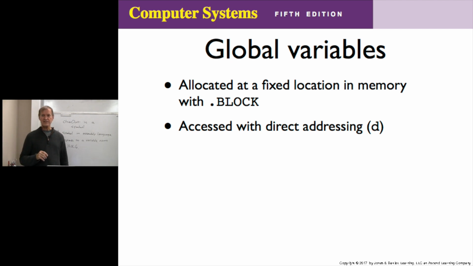A single ASCII character occupies how much storage? 1 byte. 2 hex characters. Yeah, maybe that's what you were thinking. Yeah, 1 byte. Whereas an integer variable occupies how many bytes? 2 bytes. So you'd be dot block 2. So dot block 1 for a character variable, dot block 2 for an integer variable. And they are accessed with direct addressing.